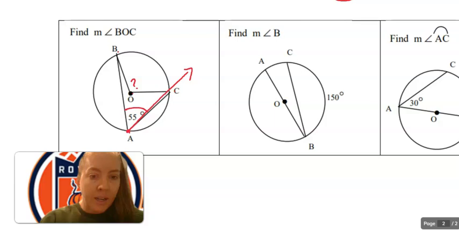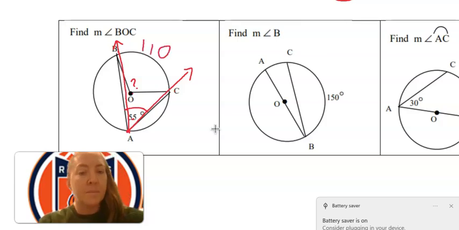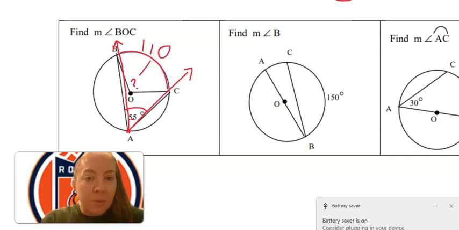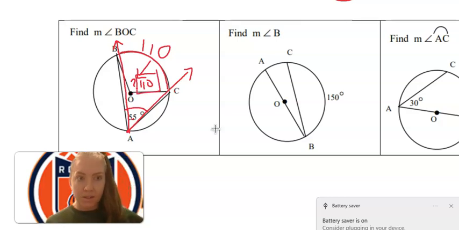So I'm going to go ahead and extend the sides. So I double that to get the arc, 110. Now, if this is still the arc, it's related to that central angle from last week. The angle and the central angle are the same. So this angle is also 110, and that's what they want.